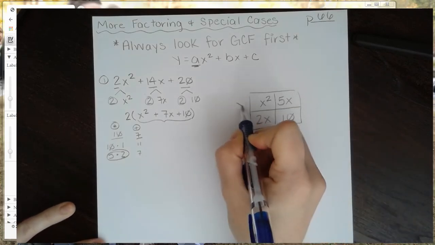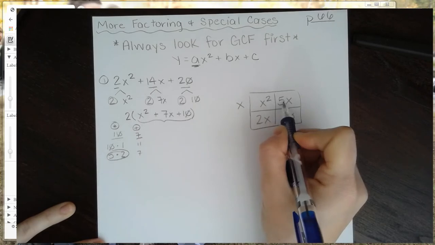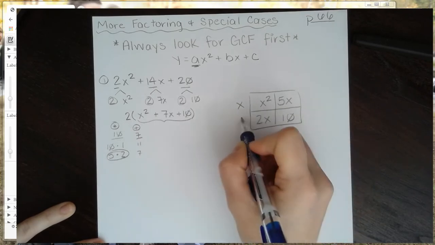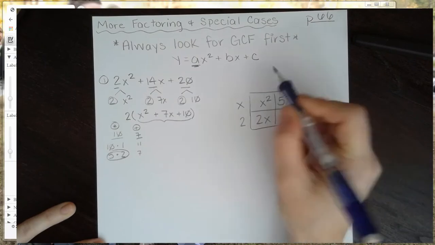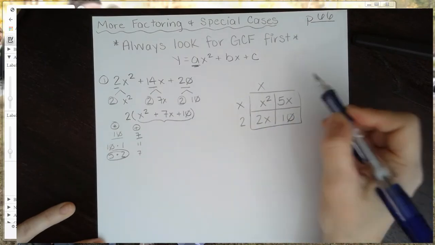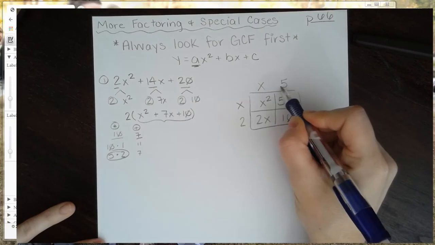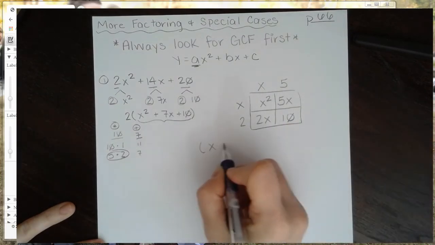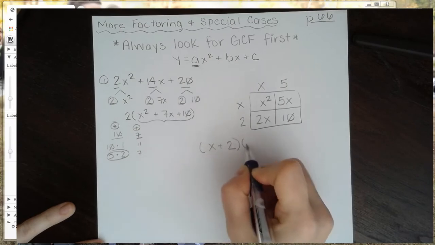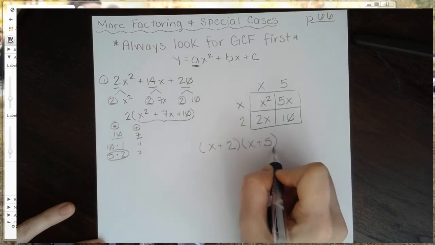So here, those two terms have x in common. These two terms have a 2 in common. In this column, my common factor is x, and in this column, my common factor is 5. So I've got x plus 2 and x plus 5.